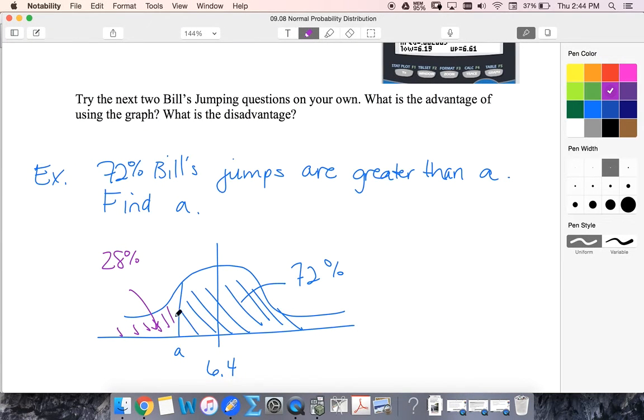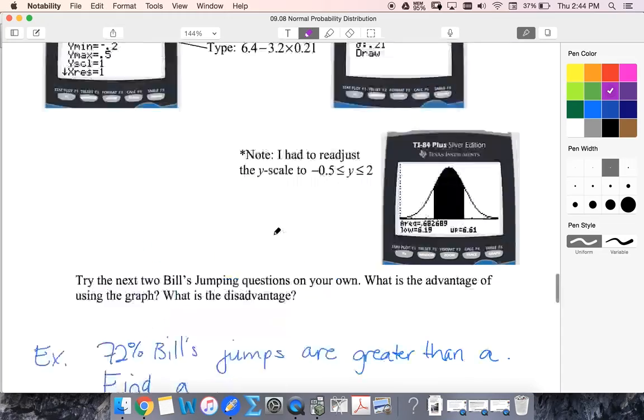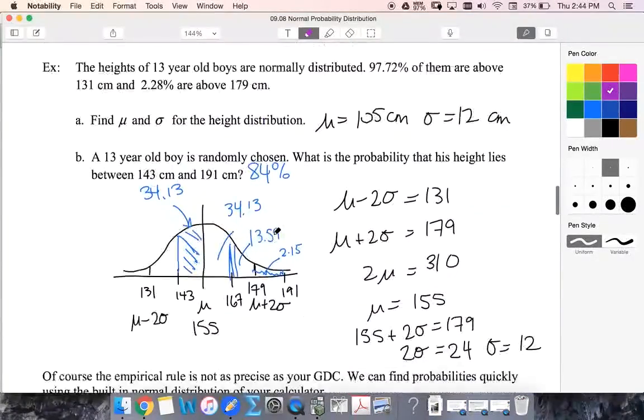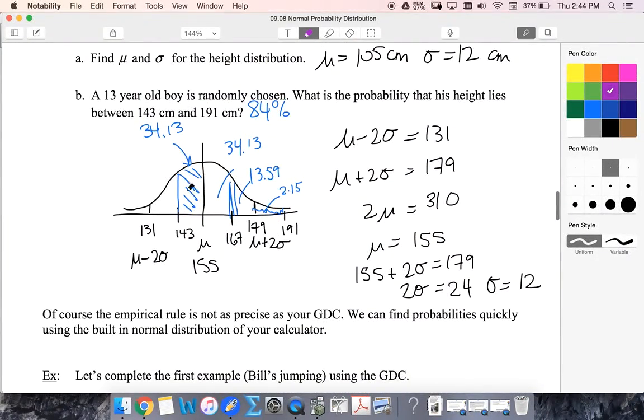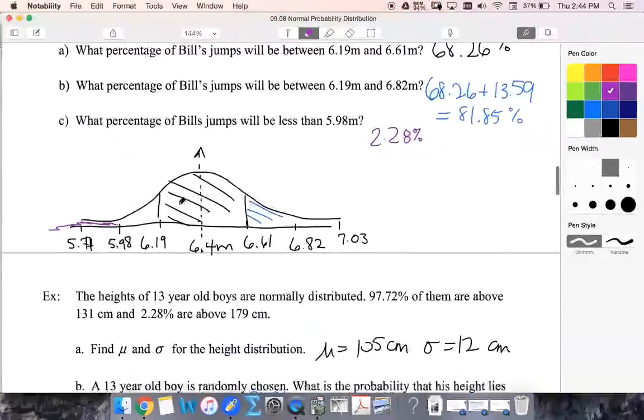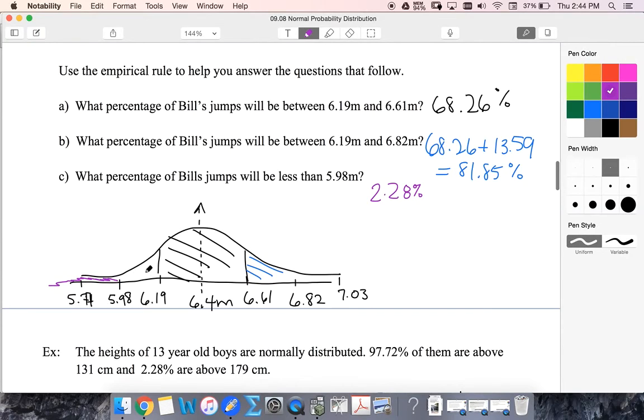Okay, so estimating, this value is going to be less than 6.4 for sure. And if I wanted to go think about all my empirical values, adding all of this up, this is 68%. So it's going to be not quite 2 standard deviations away. So adding all of this up would be greater than 72%.